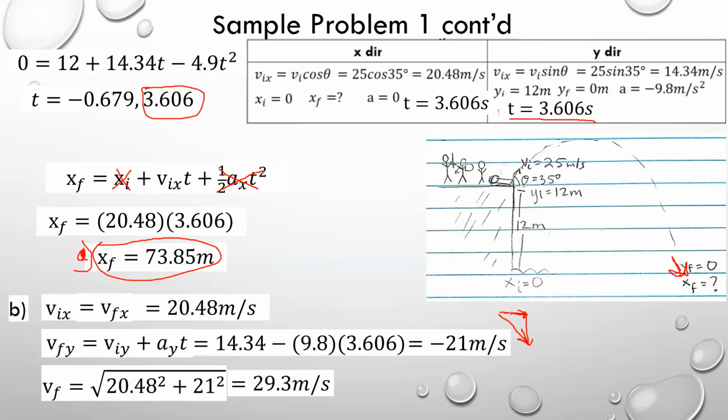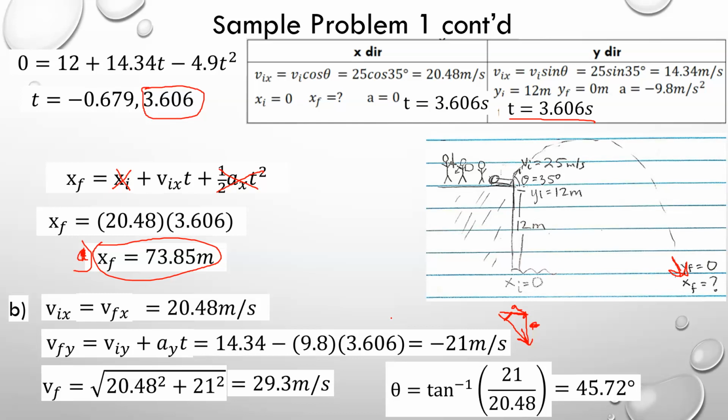Now, we also want to find this angle right here below the horizontal. So to do that, we would do the inverse tangent, because this is opposite, that's supposed to be an O, and this is adjacent. So the inverse tangent of the y component over the x component, which is 21 over 20.48.